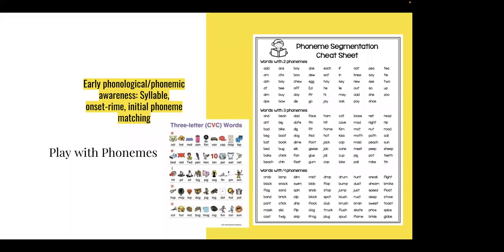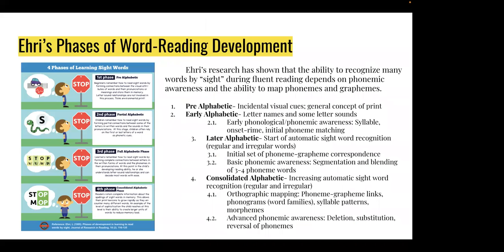But we'll continue with this, and it goes into greater detail. I'm just giving you some examples. Onset-rime is one of those things with phonology and phonological awareness. And what else did I want to show you?